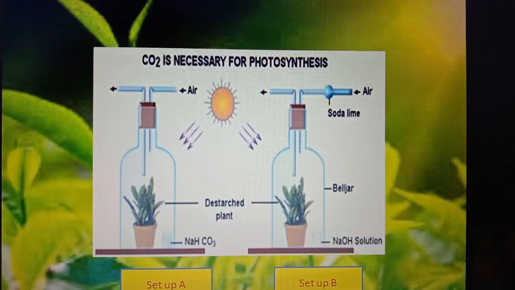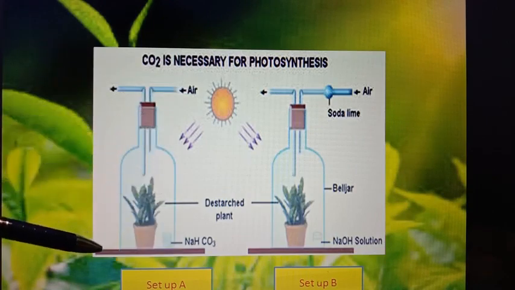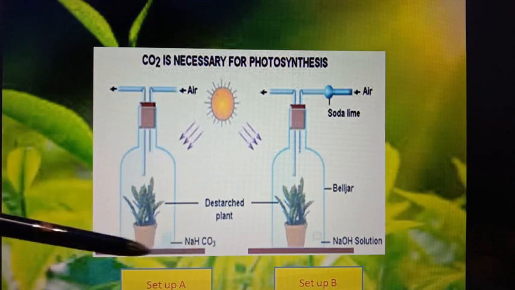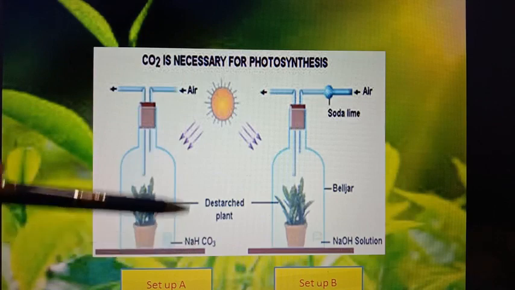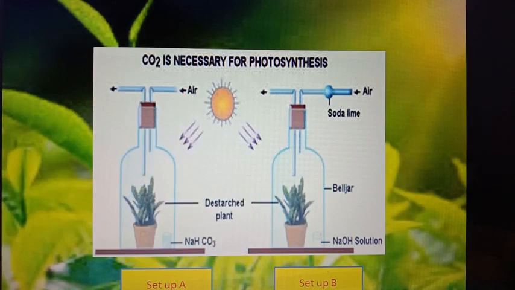Then you have to use Vaseline to seal the bell jar with the glass plate at the bottom to make this full system airtight. Now keep both setup A and setup B in the sunlight for 6 hours.